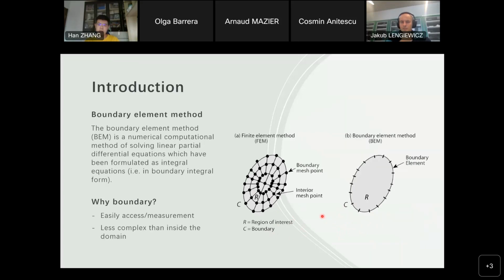Compared to the finite element method, rather than taking collocation points both on the boundary and inside the domain, we only take collocation points on the boundary, which makes it easier to access and measure. Working only on the boundary lowers the problem by one dimension, making it less complex to solve. With the boundary element method, the boundary value problem is first transformed into a boundary integral equation that we can solve in a proper manner. For this research, we will solve it with an artificial neural network.